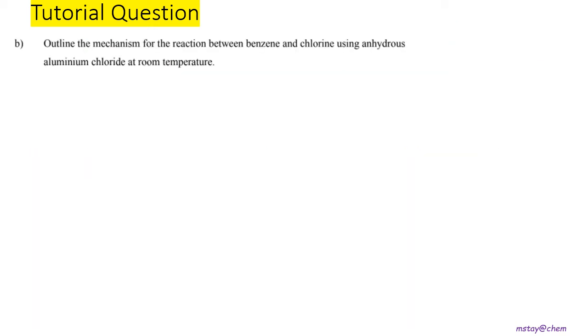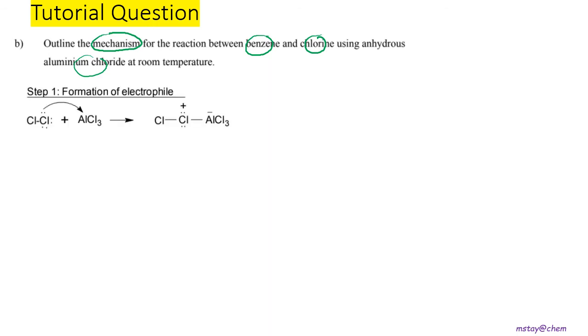Proceed to part B of question number 10. We need to show the mechanism between the benzene and the chlorine using anhydrous aluminium chloride at room temperature. So step 1, we're going to produce the electrophile. The halogen has 3 lone pairs of electrons.